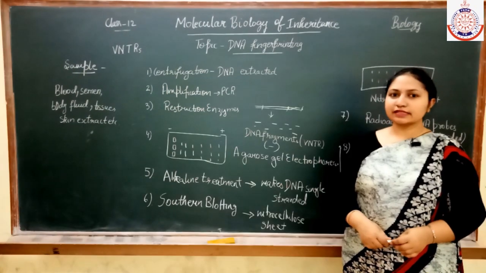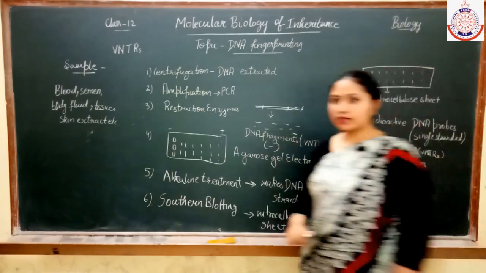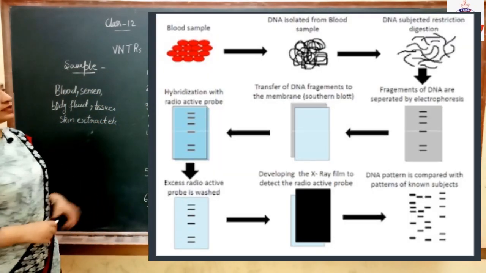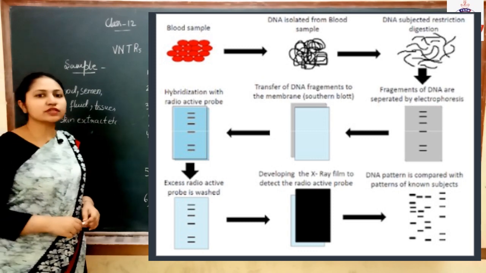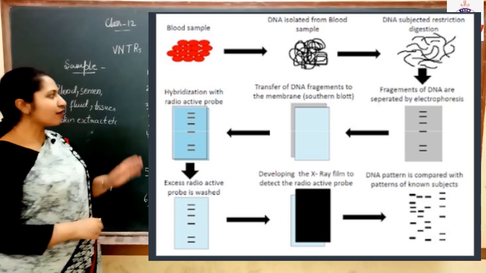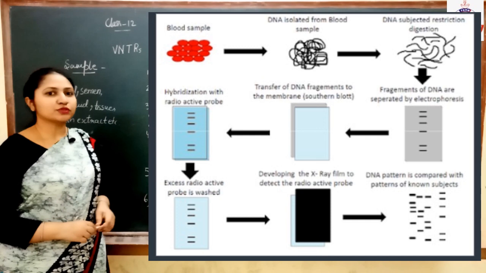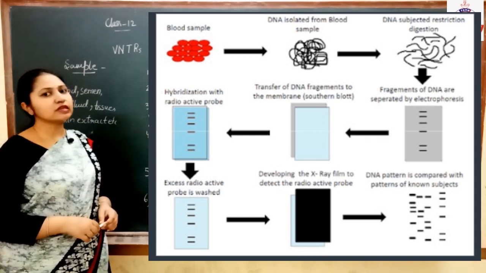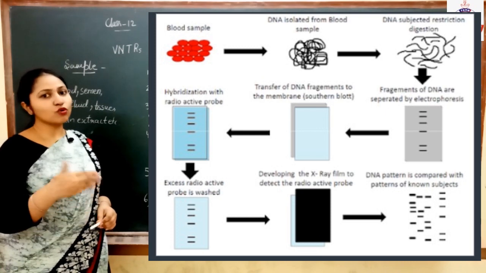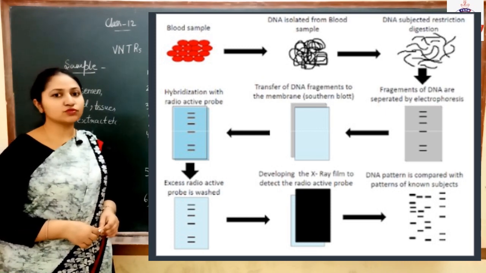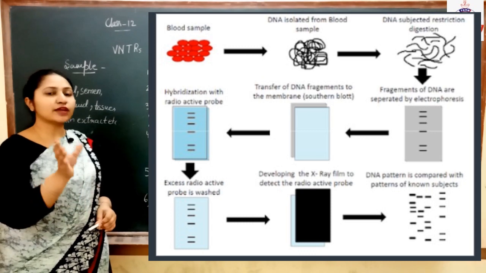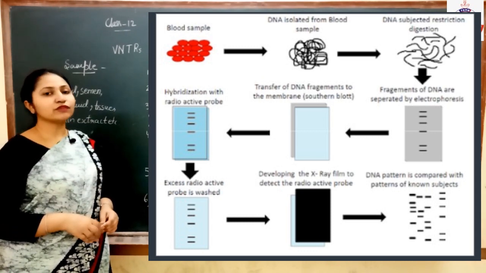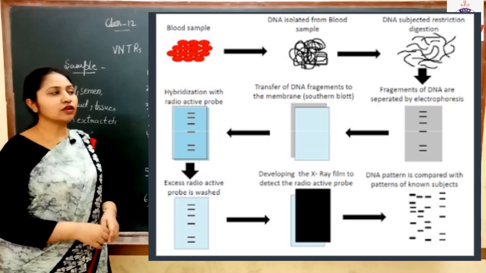Now students, let's discuss this process once again, what we have done till now. First of all, the DNA is extracted by the process of centrifugation. Then by the process of PCR, the polymerase chain reaction, more copies of the DNA fragments are produced, if the DNA is in a damaged condition.